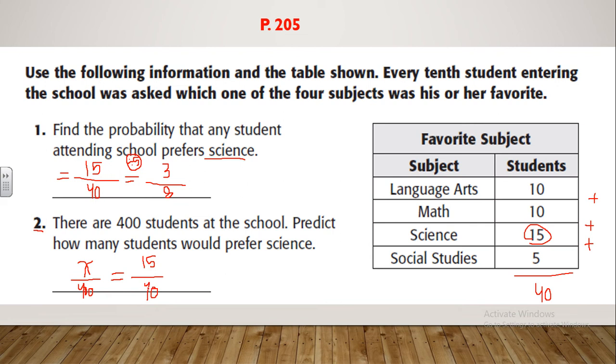Okay. To find the value of X, you have 2 ways. The first one, we will use cross multiplication. How? You will do 400 times 15 over 40.